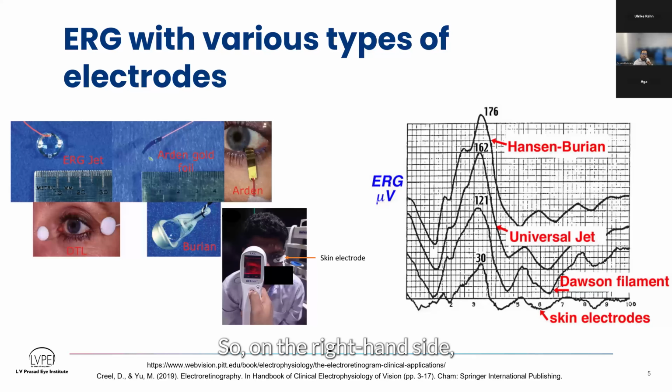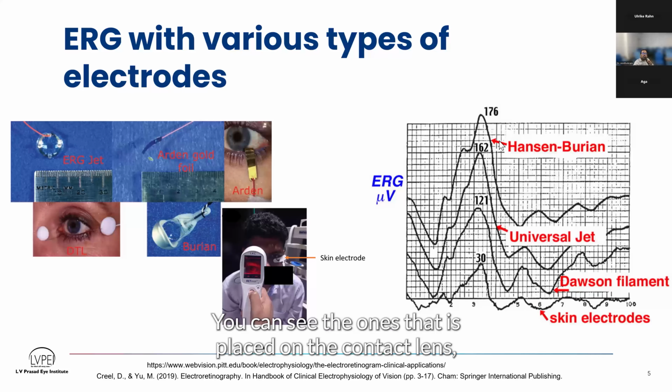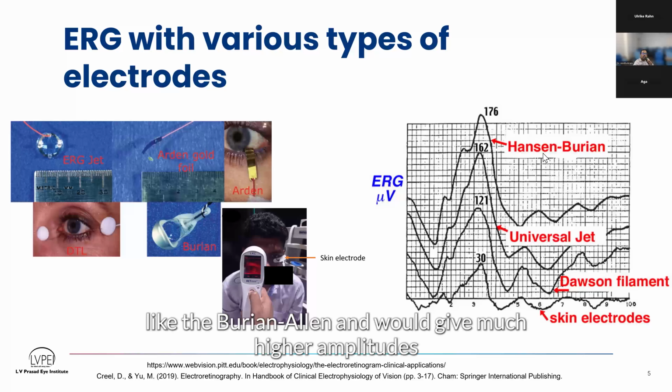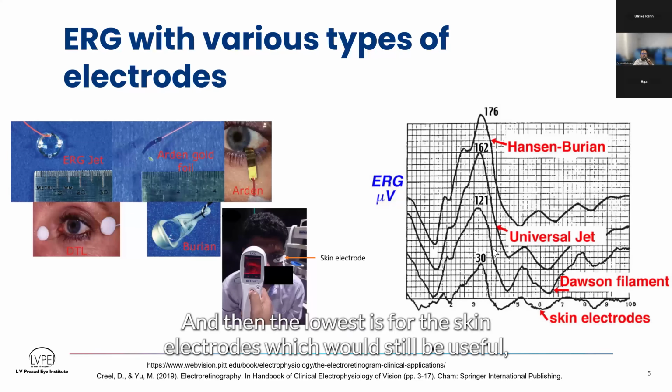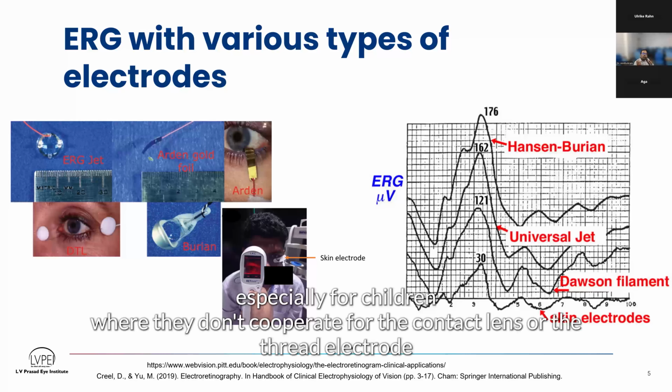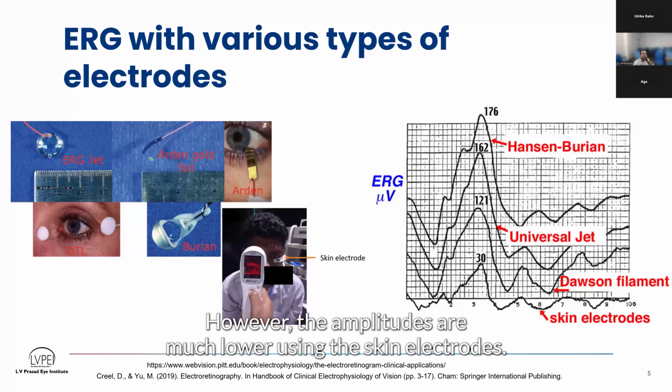On the right hand side you have the overall amplitudes that you would get with different types of electrodes. You can see the ones placed on a contact lens, like a Retinal, would give much higher amplitudes compared to something like a DTL, which is a thread-based electrode. And then the lowest is for the skin electrodes, which are still useful, especially for children, who don't cooperate for the contact lens or the thread electrode. But you still see the pattern, however the amplitudes are much lower using the skin electrodes.